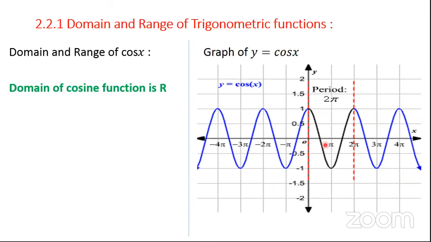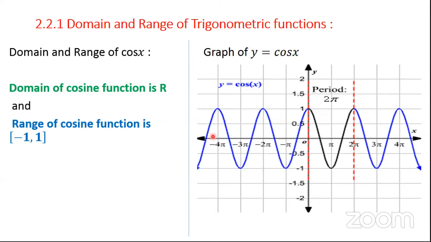That means for any value of x, cos x always lies between -1 and +1, and x is from the set of real numbers, so it can take any value. So the domain of the cosine function is the set of real numbers, and the range of the cosine function is again -1 to +1.